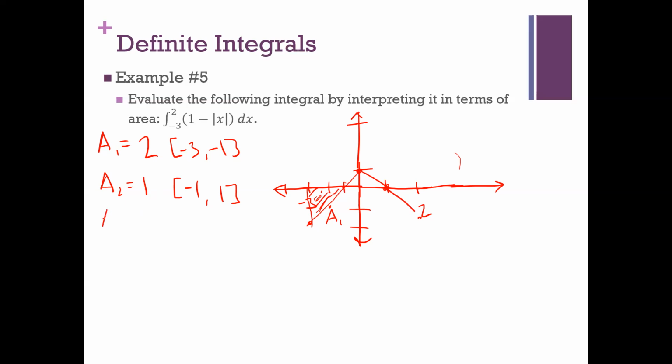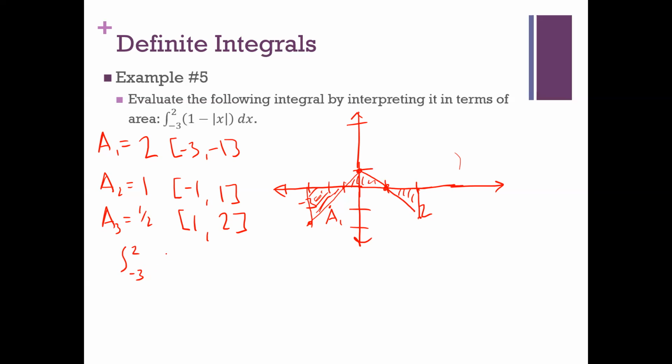And then area 3 should go between 1 and what other x value? 1 to 2. And what's that area going to be? Should be 1/2, right?